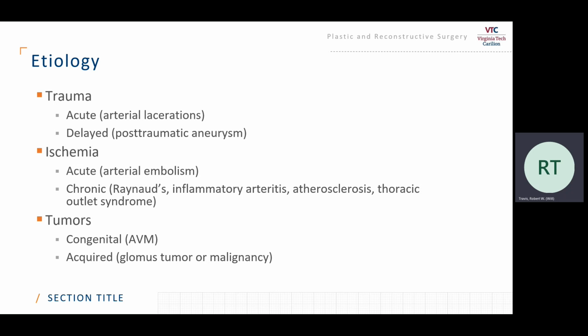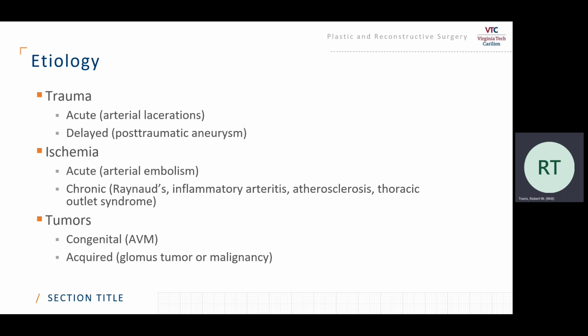So patients with vascular disorders typically present in one of three categories. The first is traumatic. Acute traumatic ischemia, such as arterial lacerations, is beyond the scope of most of this talk. You can have delayed traumatic presentations, such as post-traumatic aneurysms. The second category we'll look at is ischemic causes, which can be acute or chronic as well.